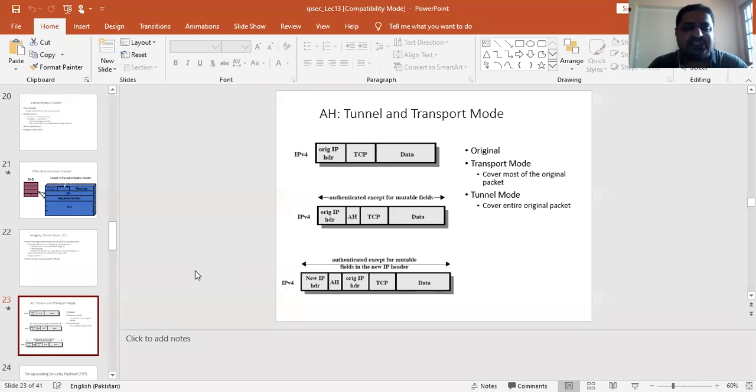So with the help of this header of the IP security protocol, we can provide the integrity as well as the authentication to the data.